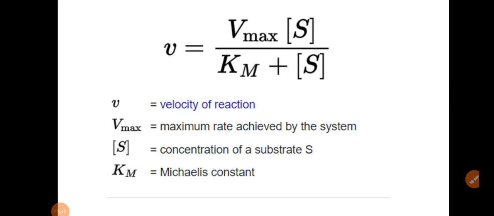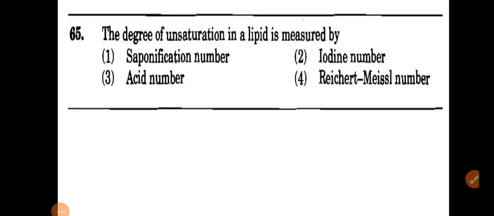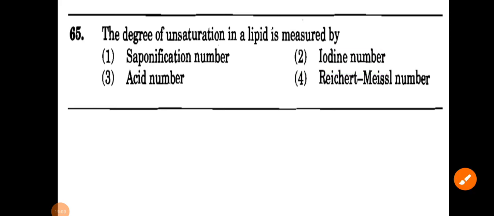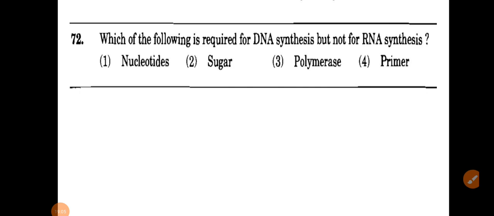Okay. The next one: the degree of unsaturation in a lipid is measured by the saponification number, iodine number, acid number, or Reichert-Meissl number. Here we know the answer: that is the iodine number. Next, which of the following is required for DNA synthesis but not for RNA synthesis?